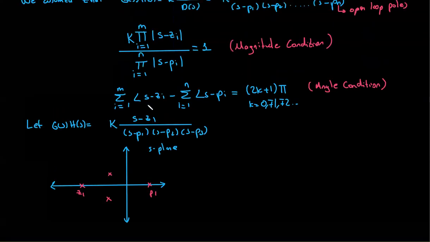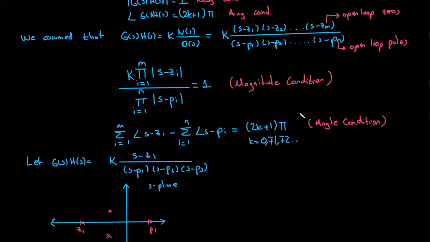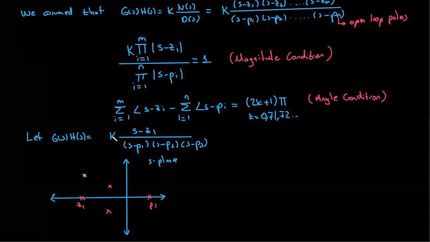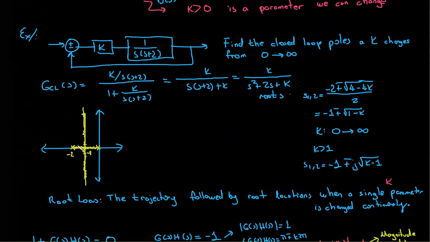And I would like to show you how to apply these magnitude and angle conditions. Suppose I have a test point, let's say over here, somewhere over here. What I would like to find out is whether this point can be included in the root locus. If I go back to our first example, where we were able to find the closed loop pole locations exactly, I'm asking the question: can this point be on our root locus?